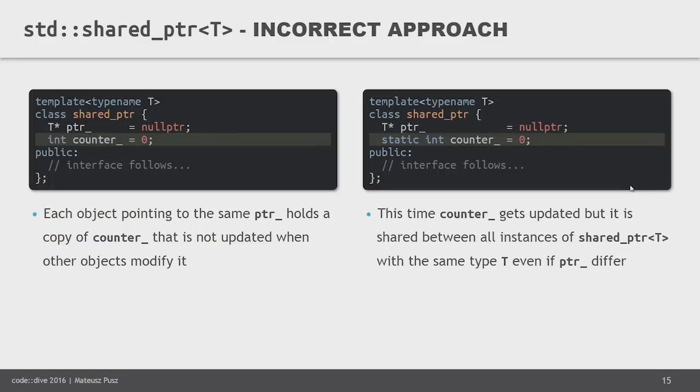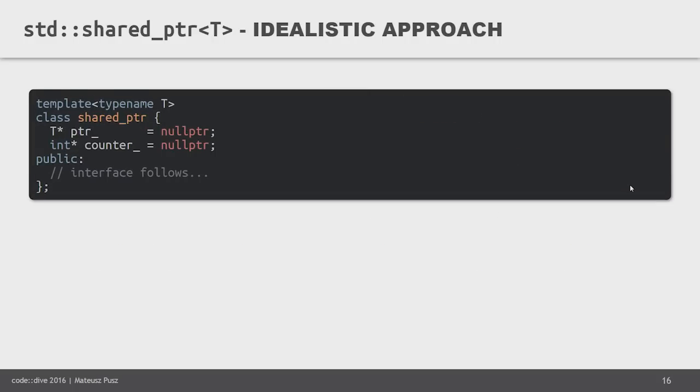The other solution people suggest is using a static counter in our class. But this obviously shares the counter among all the type instances, not the instances pointing to the same owned resource, yes? So the proper solution would be going with an allocated counter on the heap.